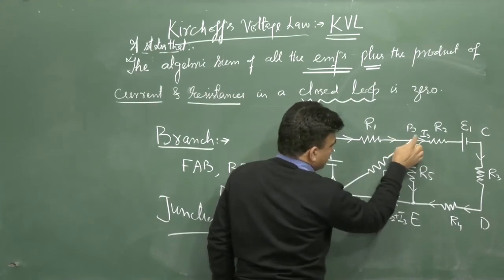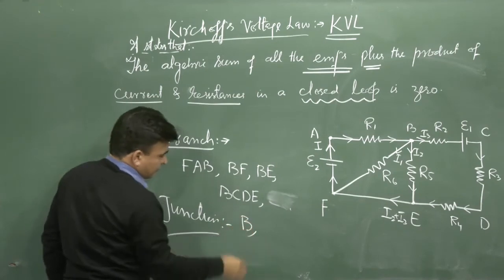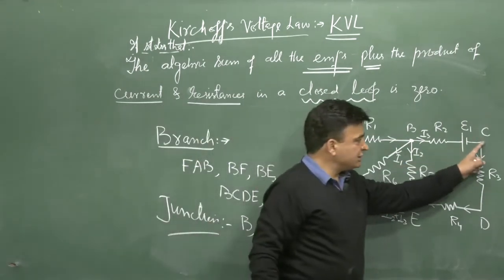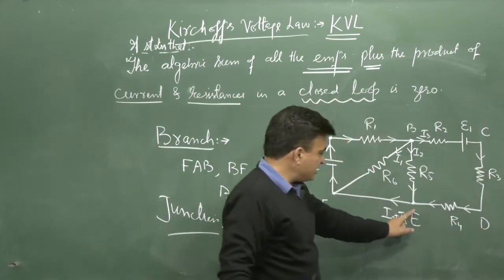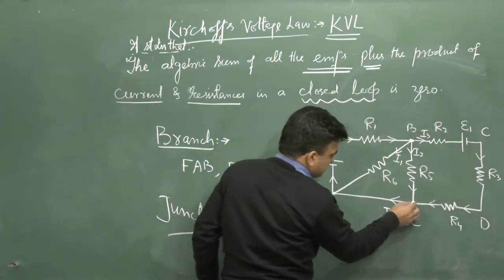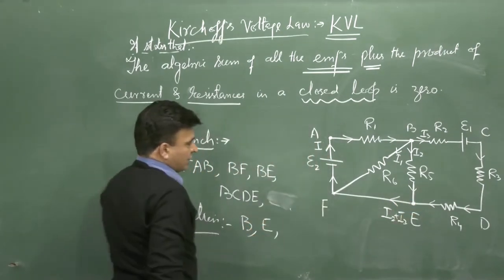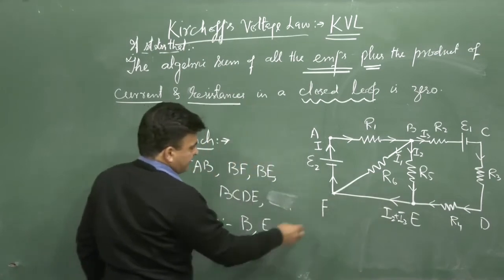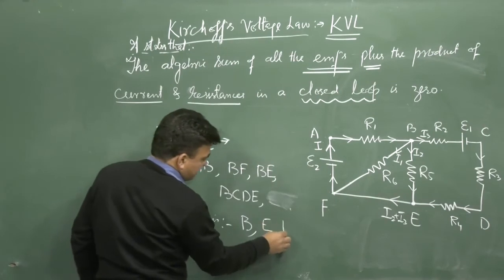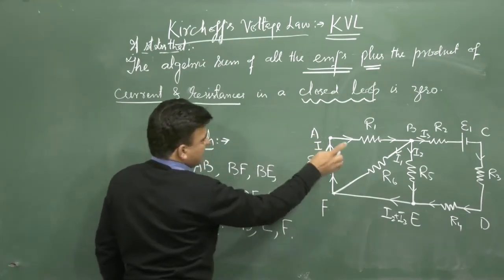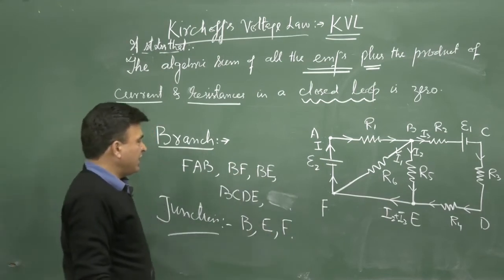Four branches are meeting here, so B is called a junction. C is not a junction, as we discussed for A. D is not a junction, but at E, three branches are meeting, so E is also a junction. Now at F, one branch here, another here, another here, so F is also a junction. But A, C and D are not junctions. So the junctions are B, E and F.